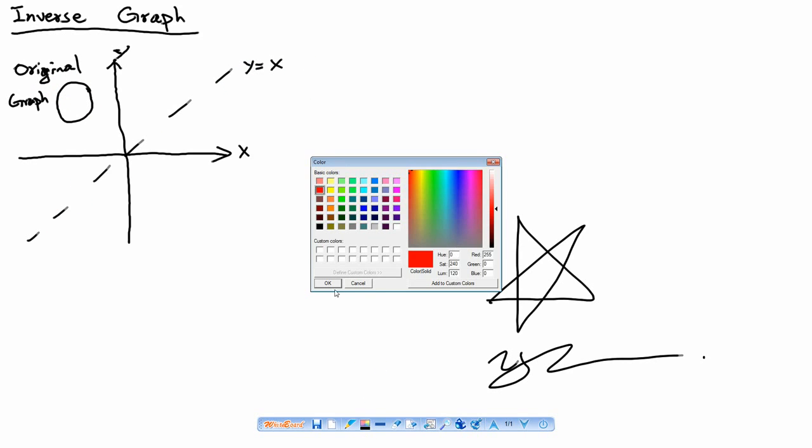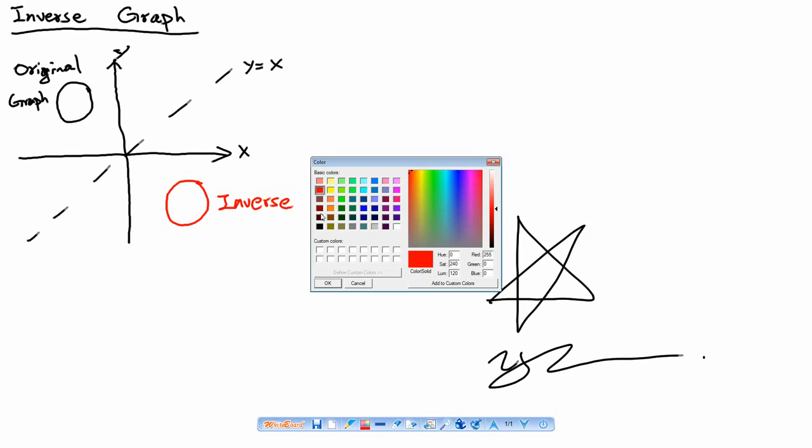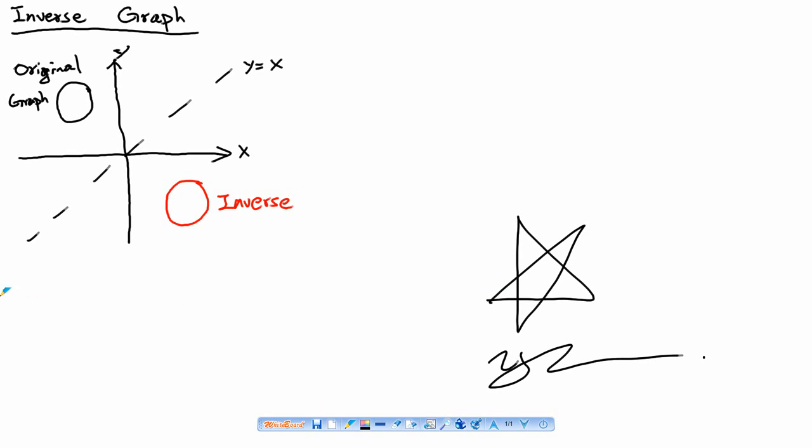So the inverse graph will be somewhere there. This is basically an inverse graph. To simplify it, let me write down the definition here.